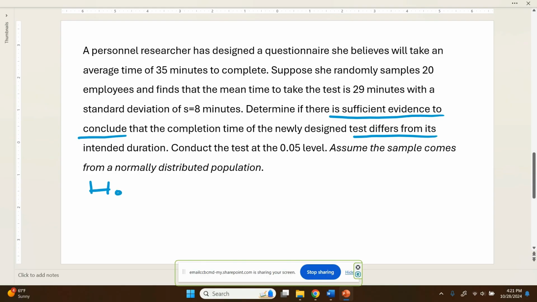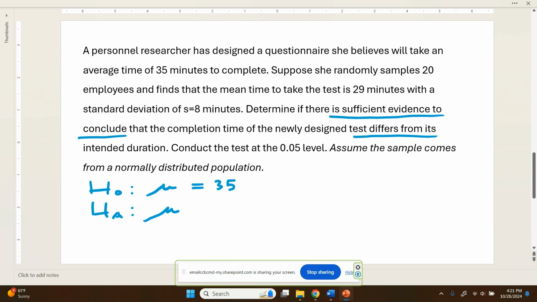So as I set up my null and my alternative hypothesis, I will put one mean in each of the hypothesis statements. Now, they believe the mean time for completion is 35. That's what it was designed to be.